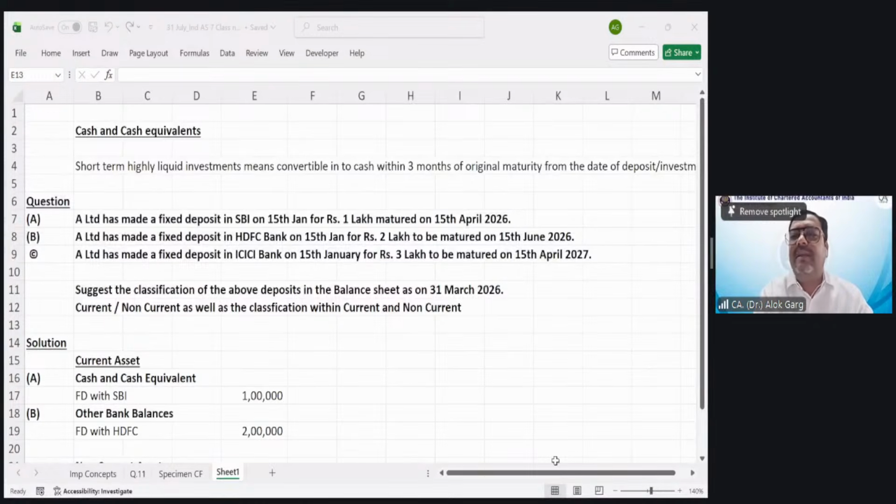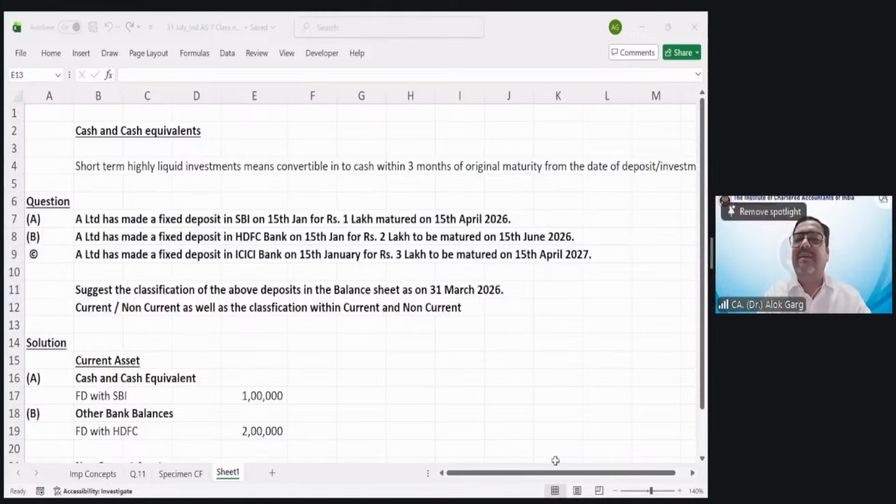Then, if it is expected to be realized within 12 months, you can classify it as a current asset, other bank balances. But the point is how you will demonstrate it. In that case, being an auditor, you have to take this on a letter of representation or management representation letter.